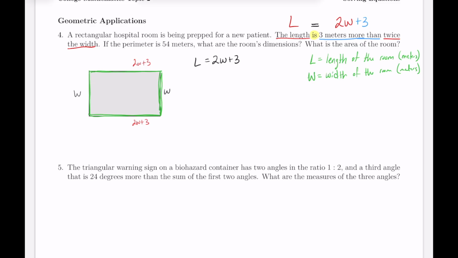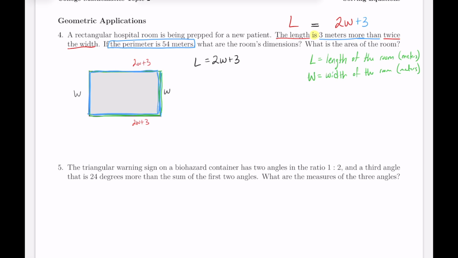The next thing that we're going to identify is that the perimeter is 54 meters. There is a formula for perimeter. It says that 2L plus 2W equals P, the perimeter. And that's fine, you can absolutely do that. The other thing we could do is just add all these up. I can add this side plus this side plus this side plus this side.